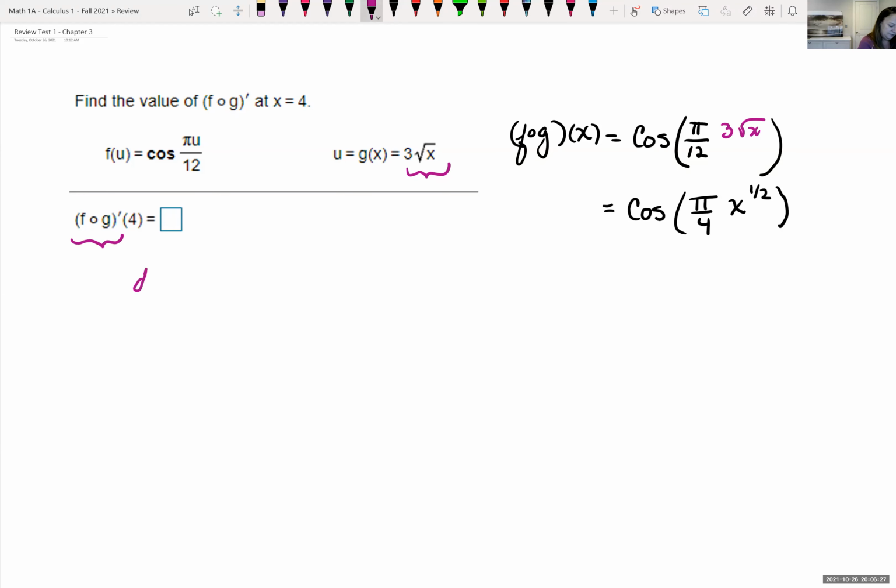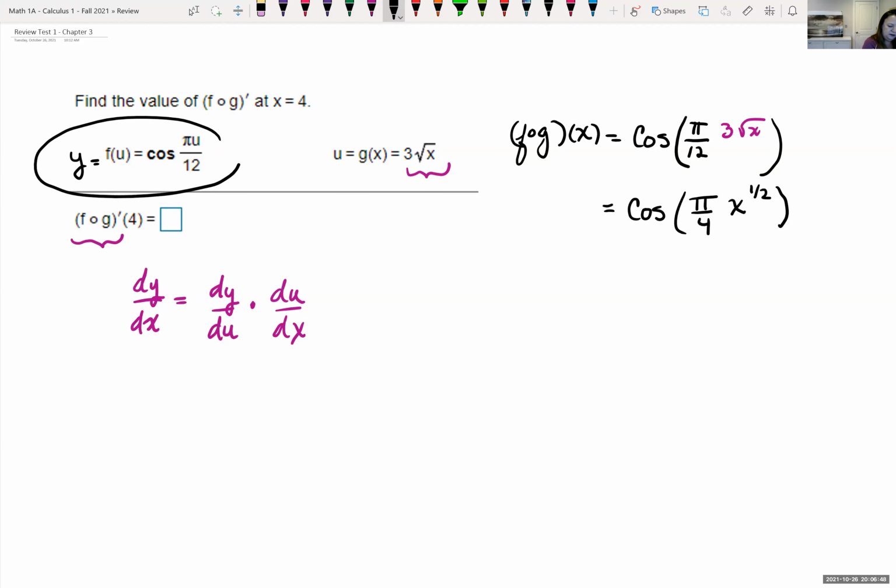Recall that dy/dx was equal to dy/du times du/dx. And so we're given here what our y function is in terms of u.